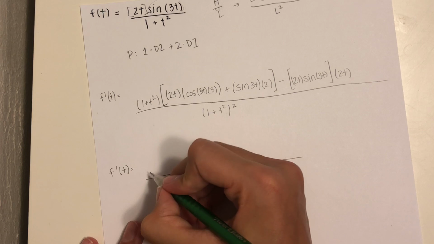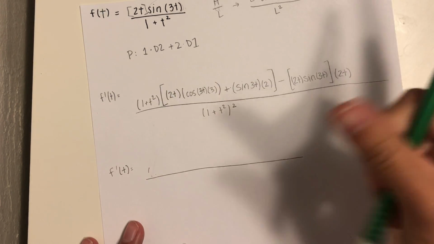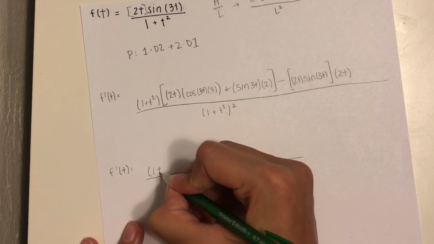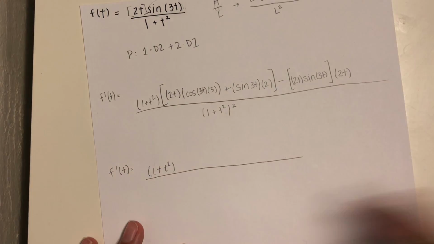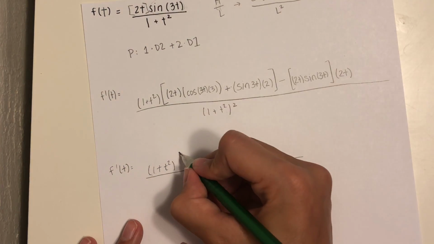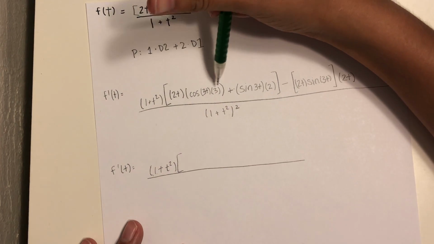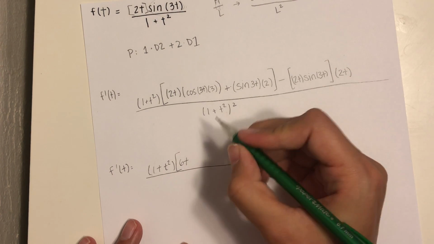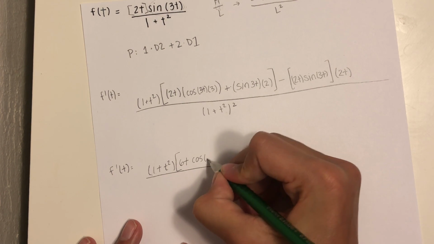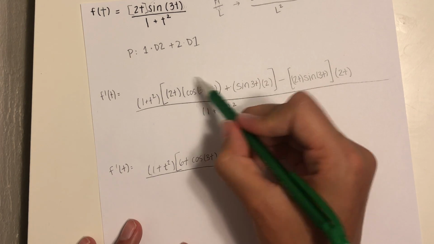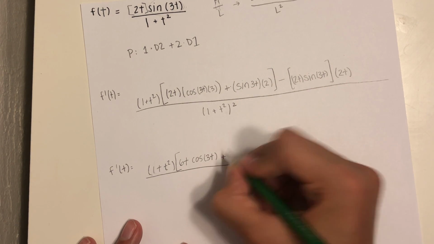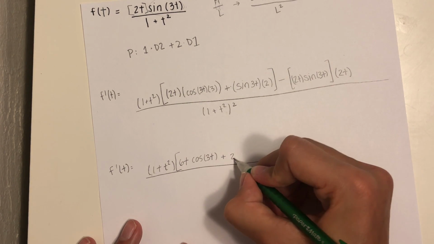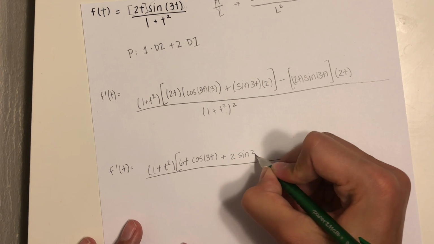This term I would leave alone, so it's 1 plus t squared. And then inside this bracket, we can simplify it to 6t times the cosine of 3t. That's just this part being cleaned up, plus, move that 2 out front, 2 sine of 3t.